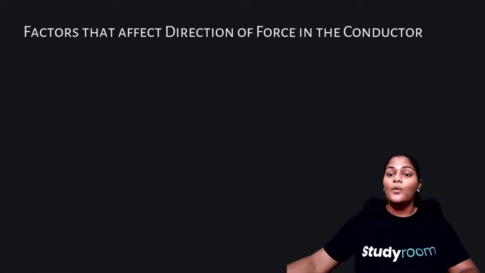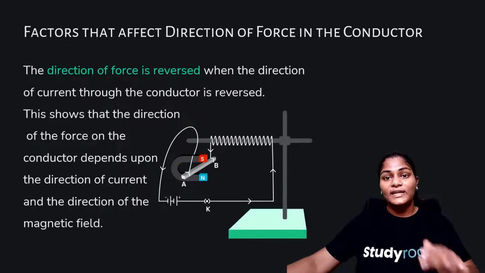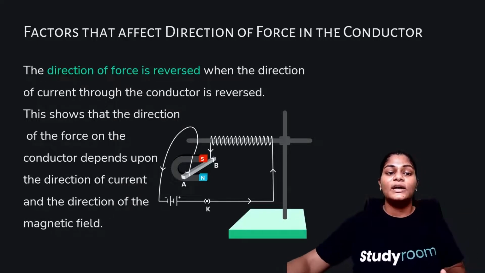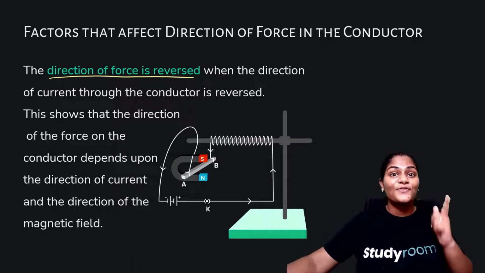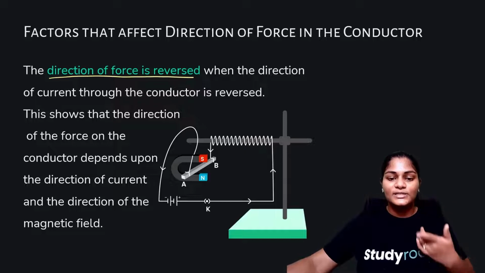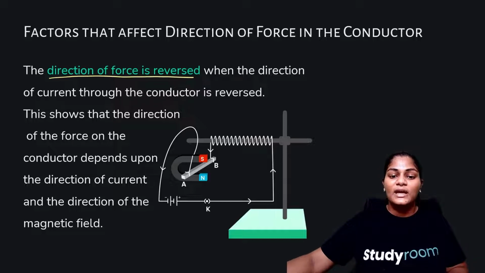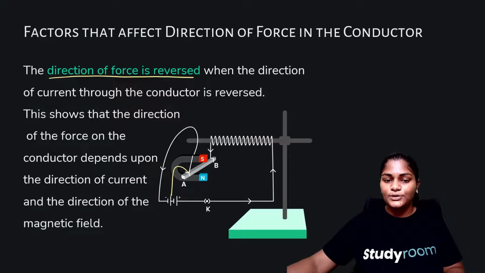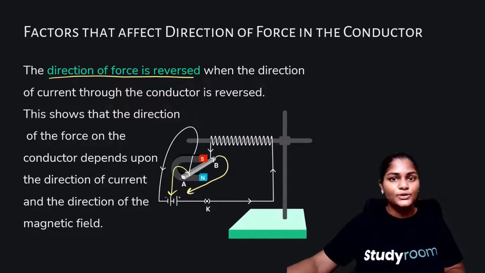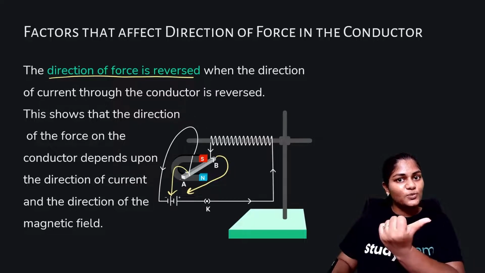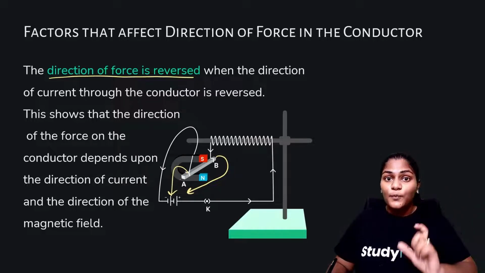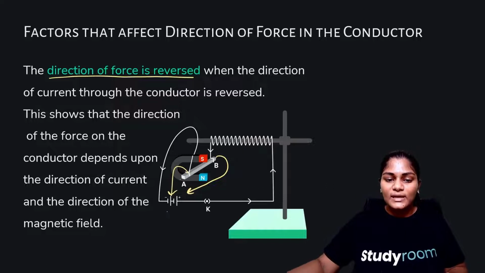Okay. Now, what are the factors that affect the direction of the force on the conductor? So it says that the direction of force is reversed when the direction of current through the conductor is reversed. What does that mean? If we connect this rod AB in the form like A is connected to the negative terminal, B is connected to the positive terminal. So if the displacement is towards the left, what happens when we make this like this?